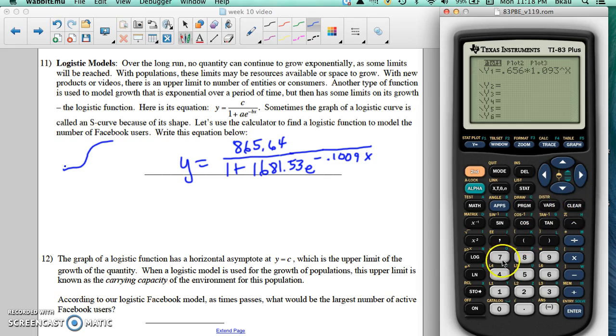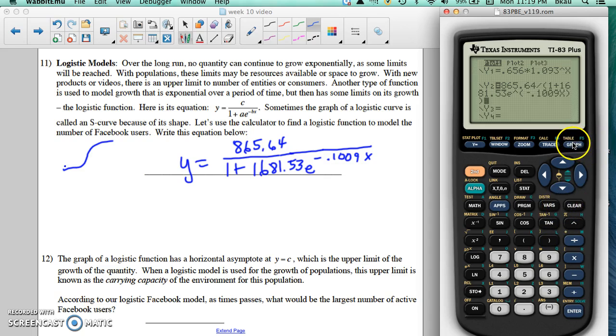And we're going to type in this other function, which is 865.64 divided by parentheses 1 plus 1681.53 times e to the x, and that's going to be negative 0.10089 x power, with the parentheses on the exponent and the parentheses on our denominator.